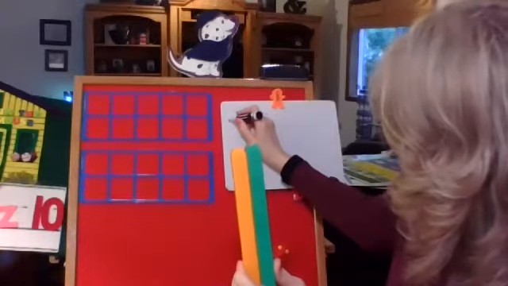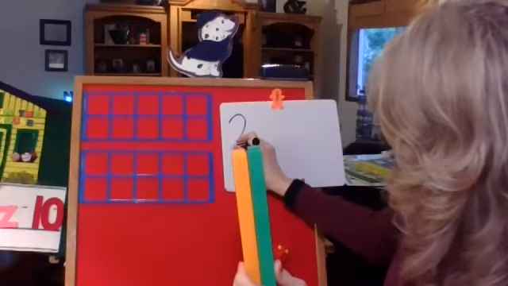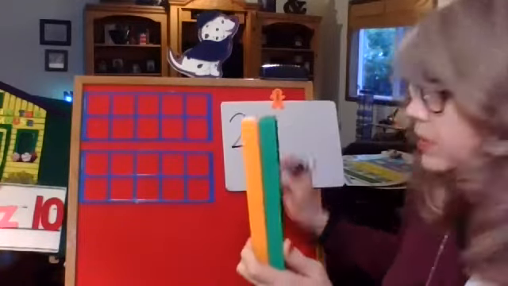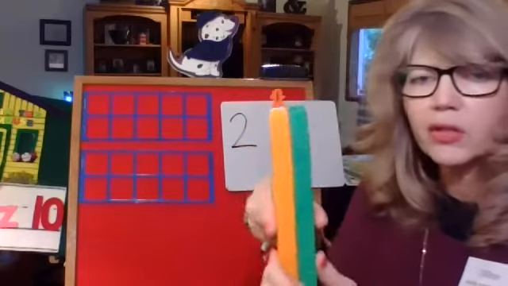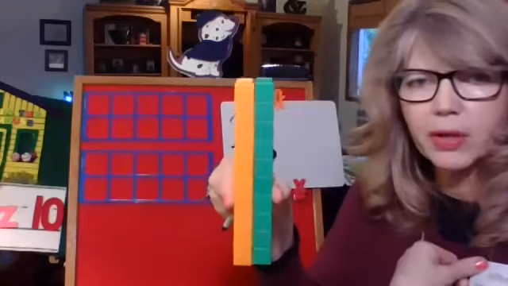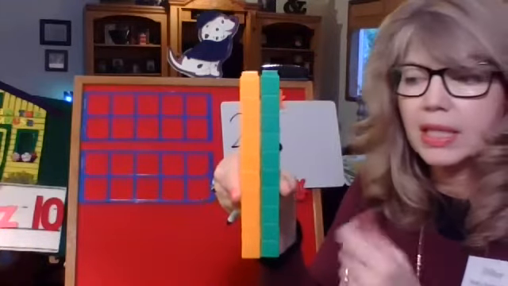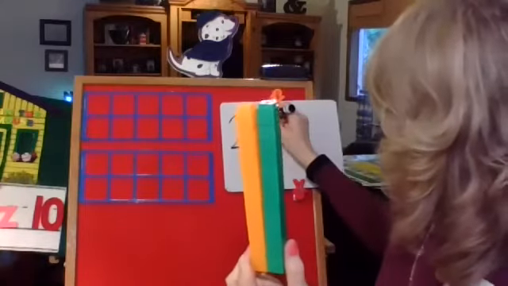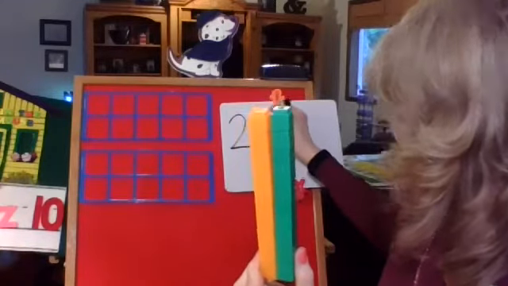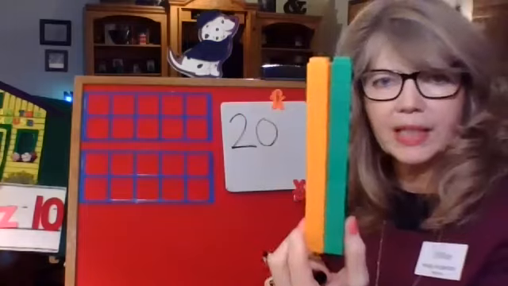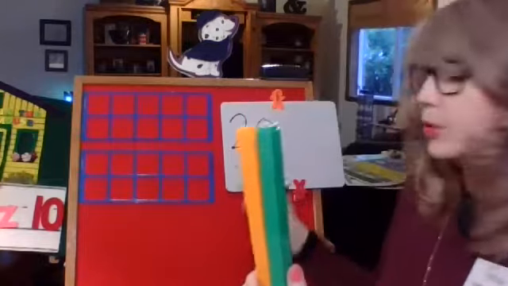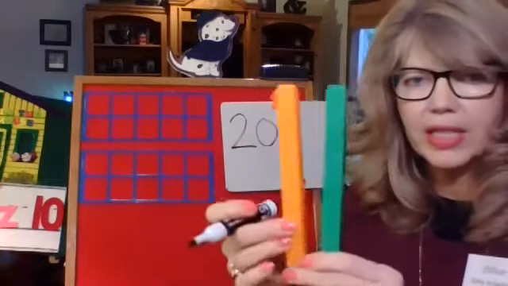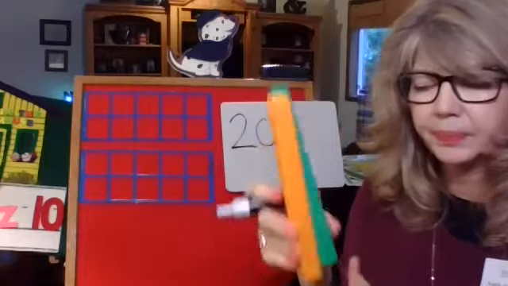I have 2 10 sets. How many extra ones over here by themselves do I have? I don't see any extras over here. No. So I have 0 ones. Does that equal 20? Yes, that's the number 20. 2 10 sets is 20.